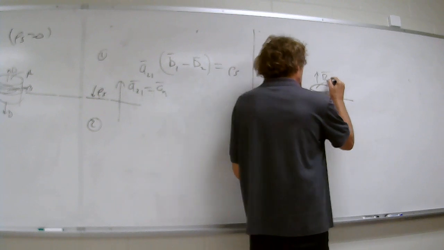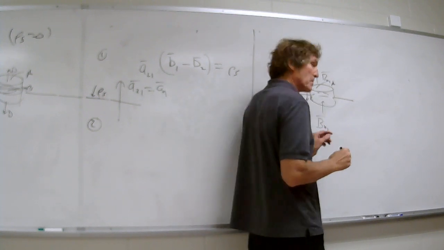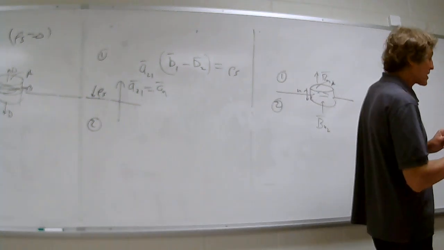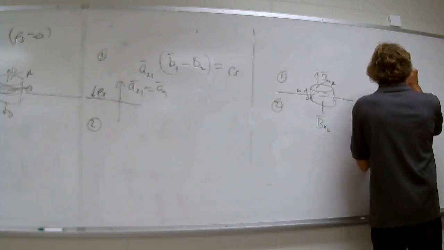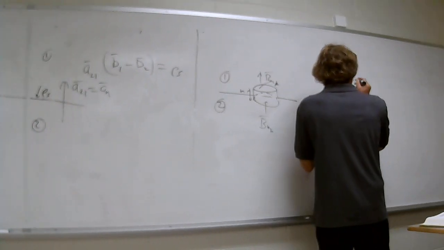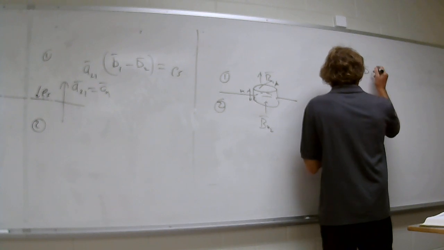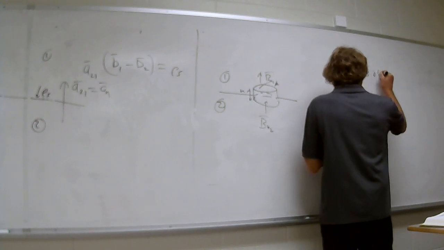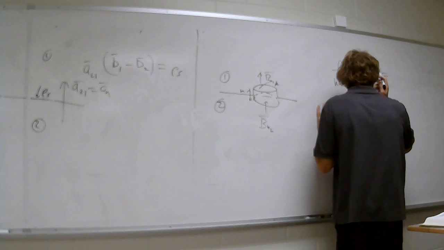Call it B normal in region 1, B normal in region 2. All right. Now, we're going to take the limit as h goes to 0 of the integral of B dot ds over the closed surface.